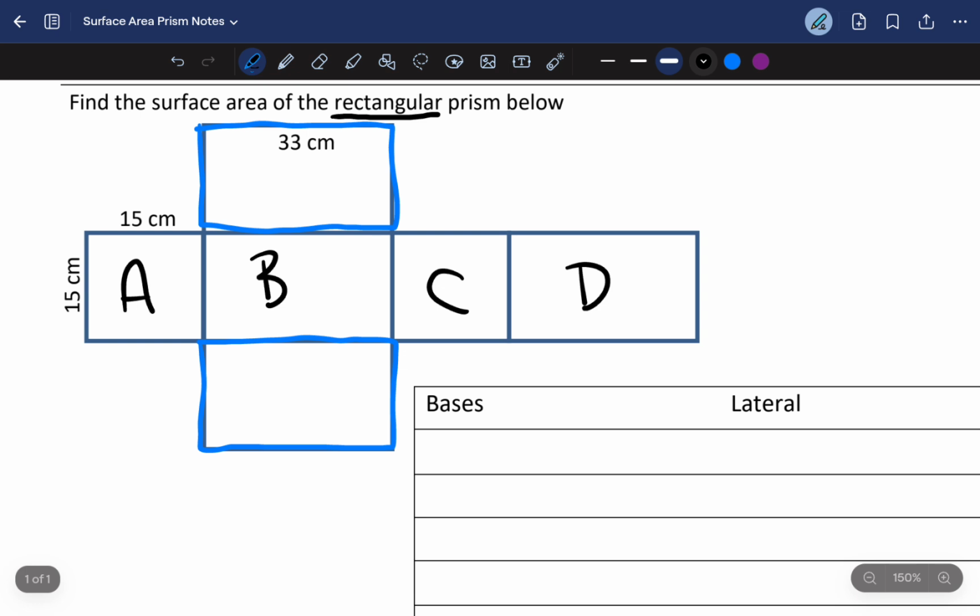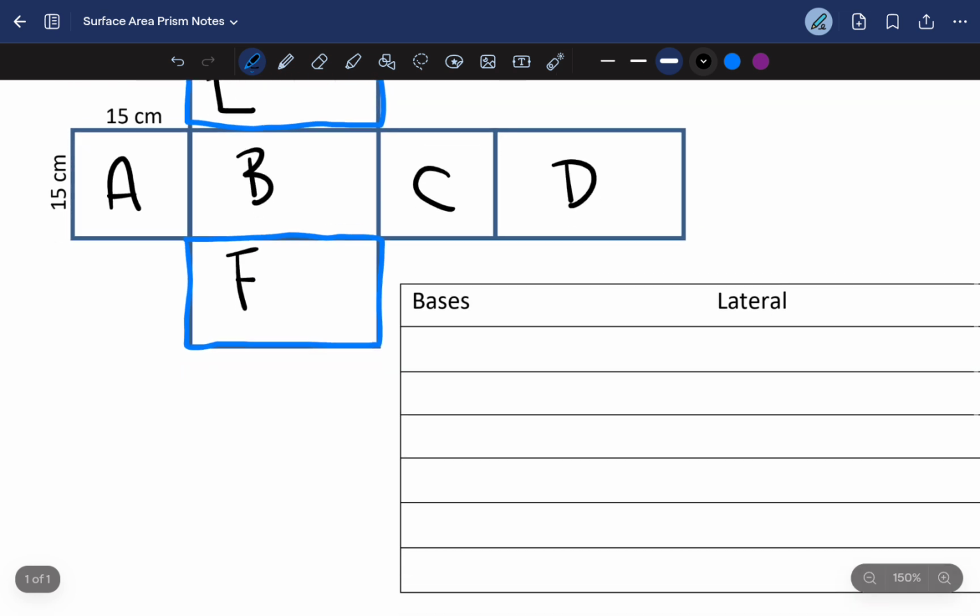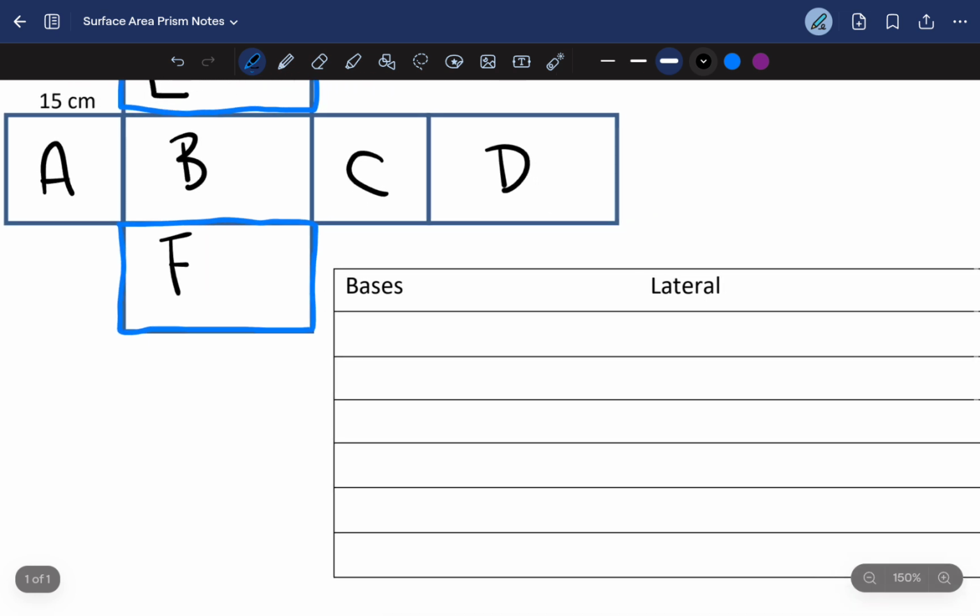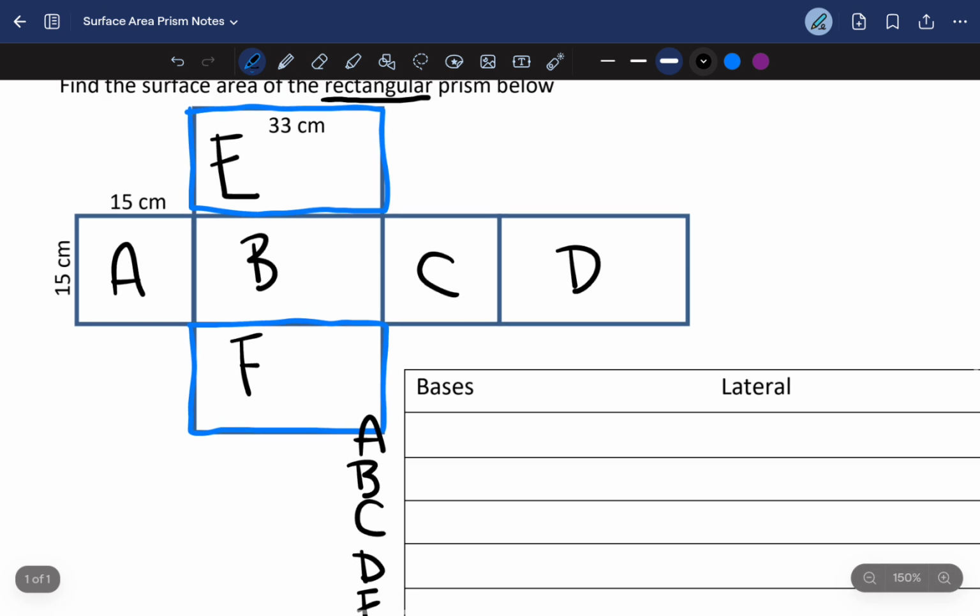If I need total surface area, then I have to add the bases, so E and then F. And then right here where it says bases, off to the side, I'm going to write A, B, C, D, E, and then F. So I know that for lateral surface area, I'm just going to add A, B, C, and D.